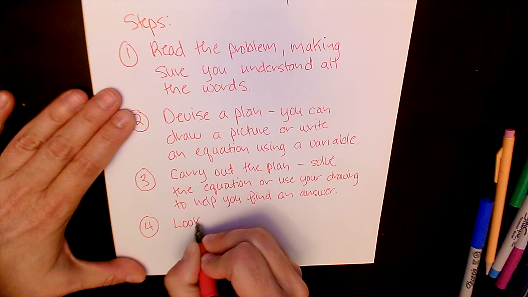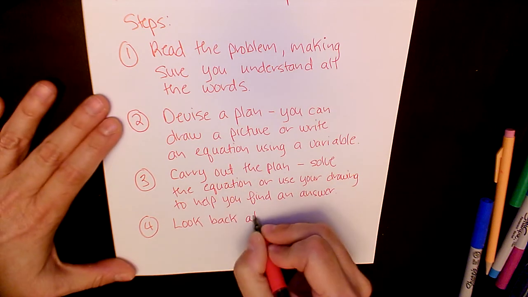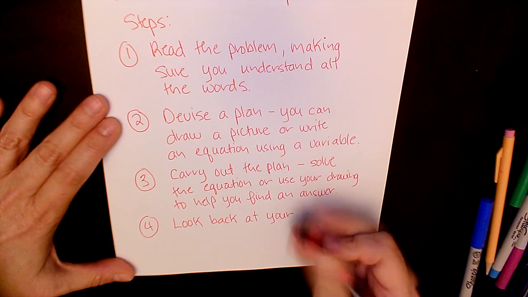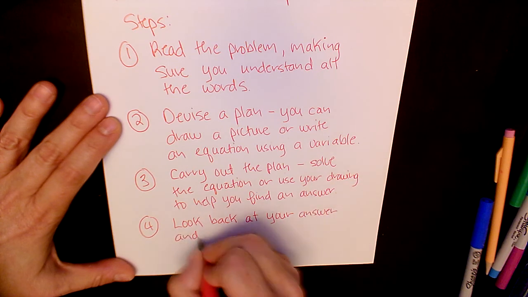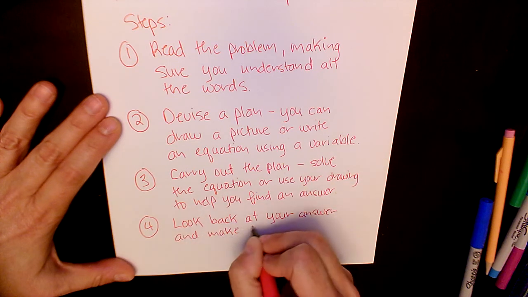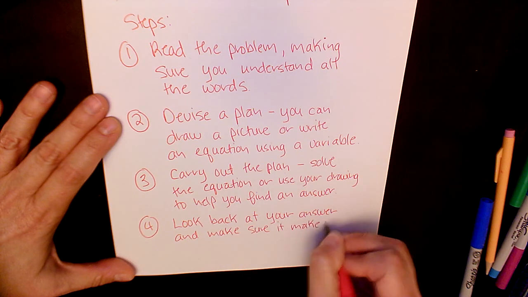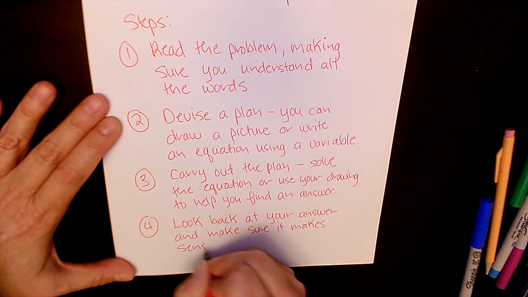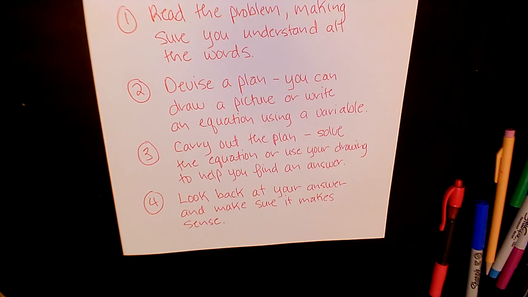Number four, look back at your answer and see if it makes sense for the problem. That's big. Look back at your answer and make sure it makes sense. Because if you're talking about the length of something, like the length of a side of a triangle or of a rectangle, and you get a negative answer, you know something's wrong.